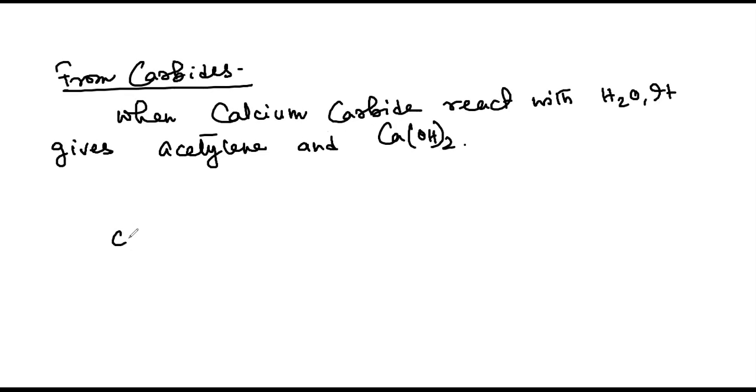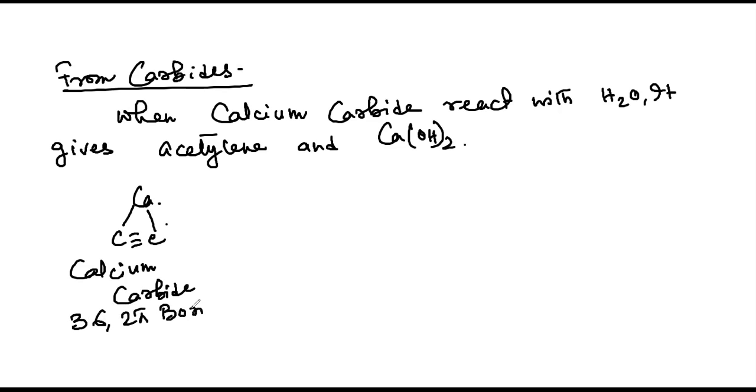So you should also see the structure of calcium carbide. This actually comes in our exam. This is known as calcium carbide, in which you can also calculate the sigma and pi bonds. 3 sigma 2 pi bonds are present.